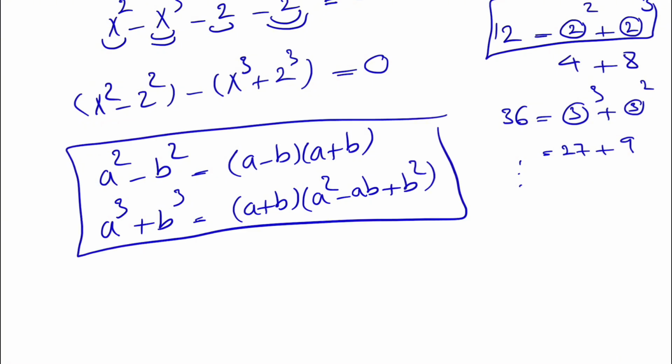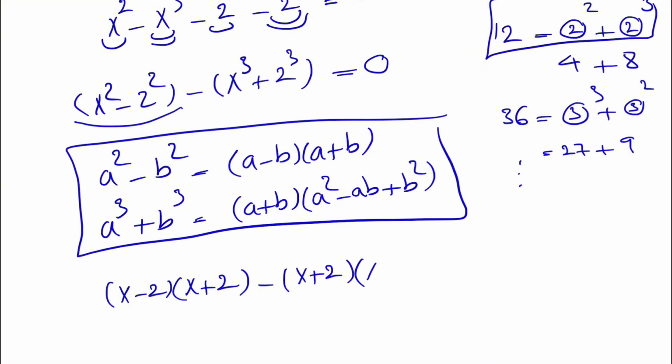So we're going to use these two. Firstly, x squared minus 2 squared will be x minus 2 times x plus 2, and after that we have x cubed plus 2 cubed, so basically x plus 2 times x squared minus 2x plus b squared, or 2 squared, which will be 4, is equal to 0.